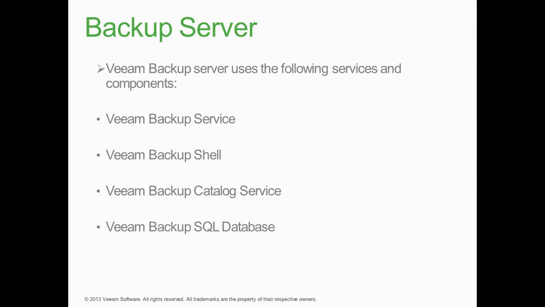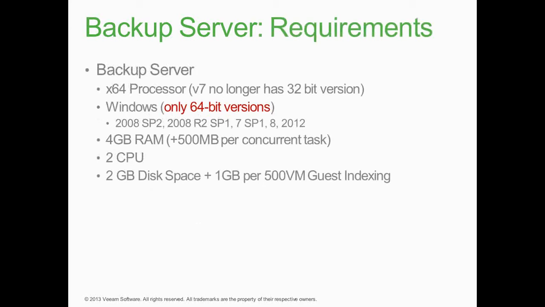Okay, so that's about the backup server. Now let's take a look at the requirements. What do you need to install the application and make it a backup server? Moving to version 7, it has to be a 64-bit processor because Veeam version 7 no longer supports the 32-bit version. It has to be a Windows OS like Windows 2008 SP2, 2008 R2, Windows 7 SP1, or Windows 8, Windows 2012 Server, anything.